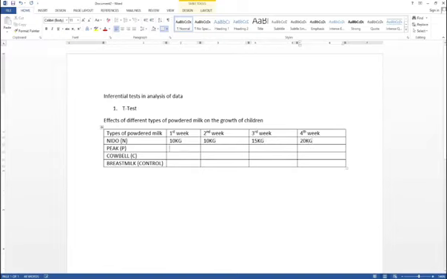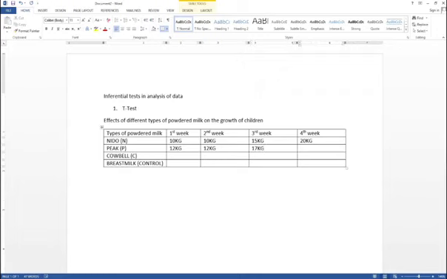And then for Pig, first week we have 12 kg. Second week, 12 kg again. Third week, 17 kg.